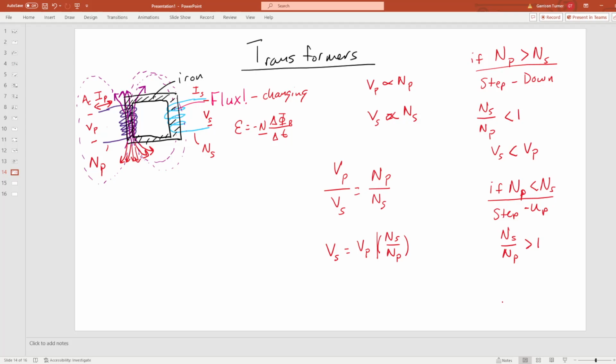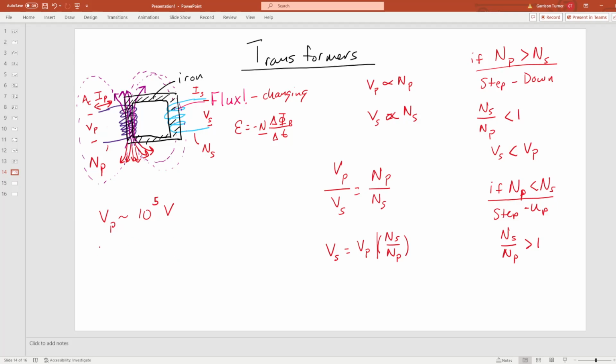Okay? So, for example, let's actually think through an actual power station, where your power is generated. Your potential is often going to be on the order of 10 to the 5th volts or more. Okay, 100,000 volts.